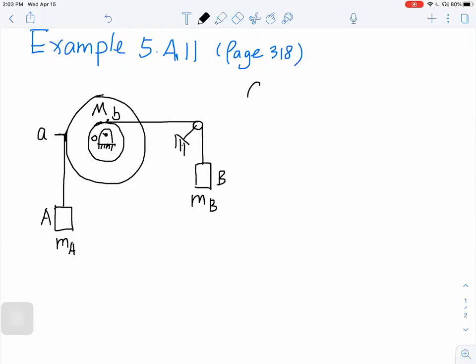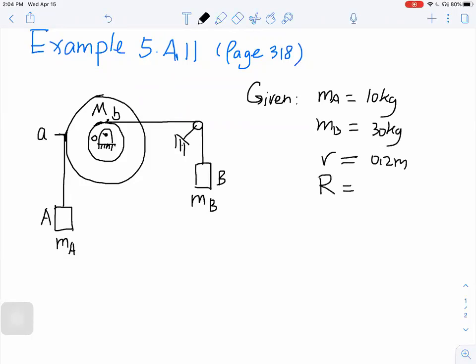And we write down all the given conditions. This problem gives MA equals 10 kilograms, MB equals 30. Now we know the radius of the small drum is 0.2 meter, and big R is 0.4 meter.